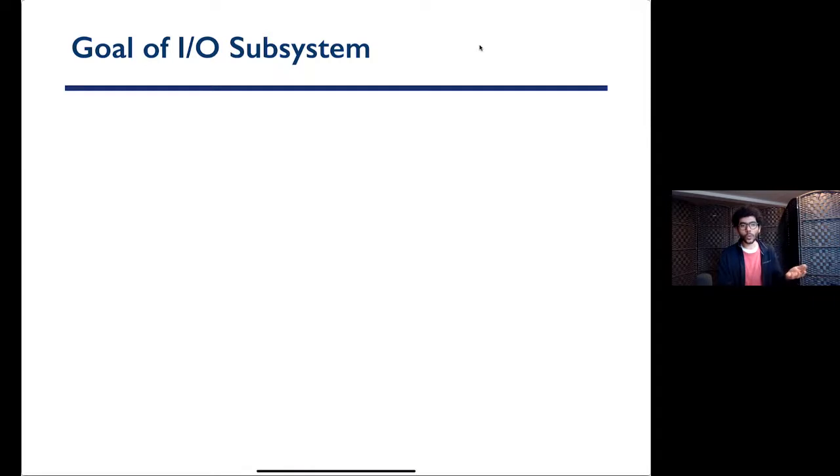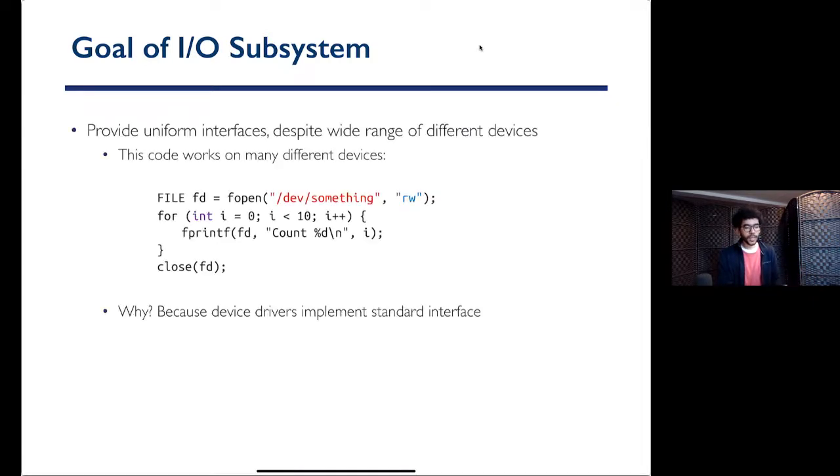What is the goal of the I/O subsystem in an operating system? The end goal, as I described, is to provide this unified interface. This unified interface has to be able to communicate with a different range of devices. This unified interface in Linux and Unix-like systems is basically the file interface.